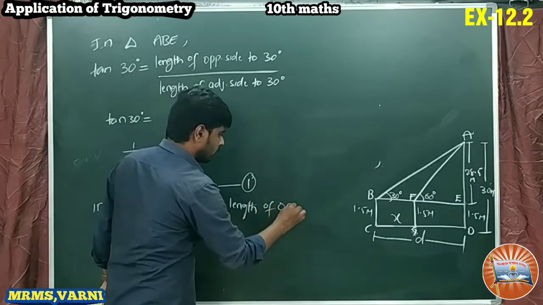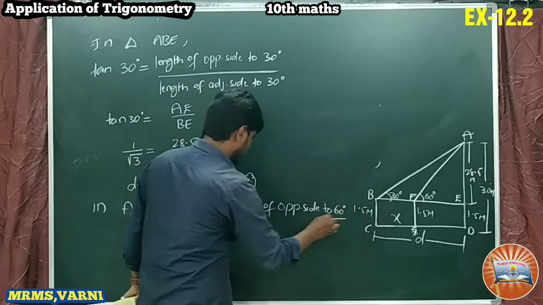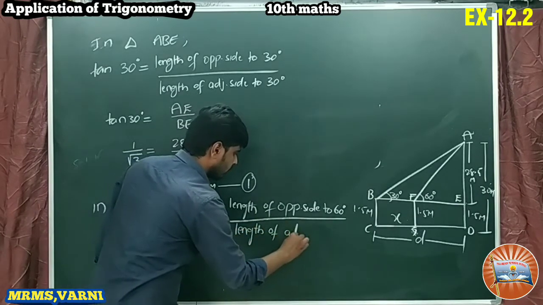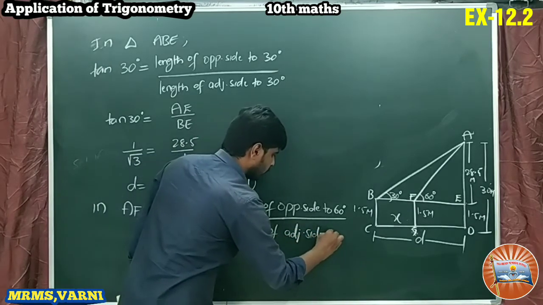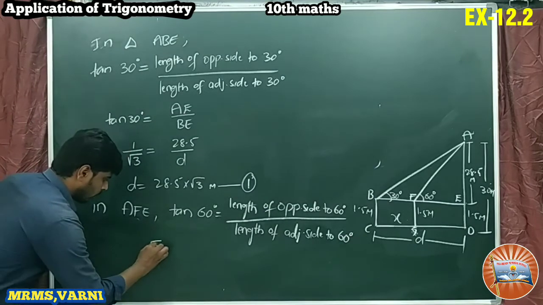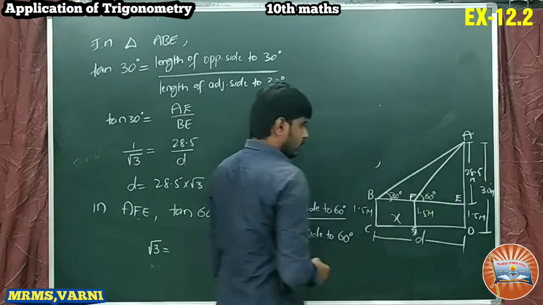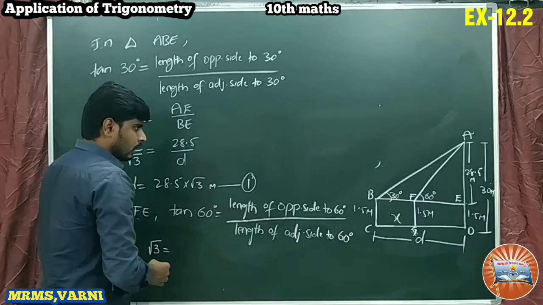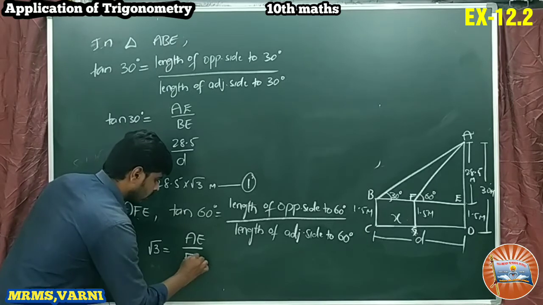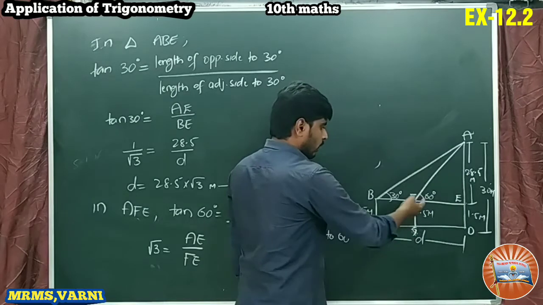So tan 60 value we have root 3 is equal to the opposite side. The angle is here, AE is the opposite side and FE is the adjacent side. So AE by FE.